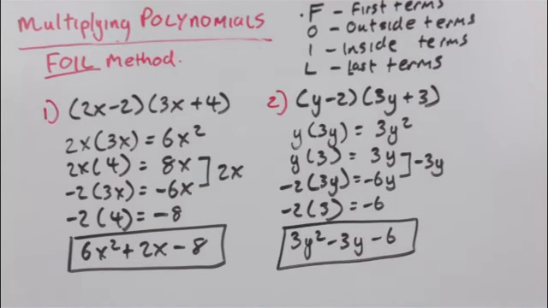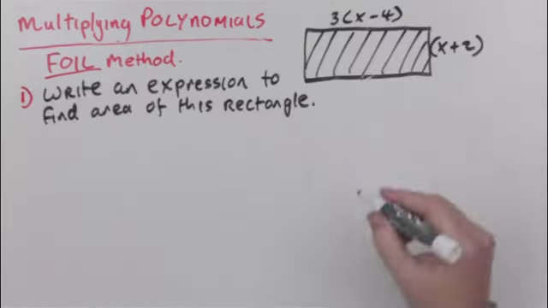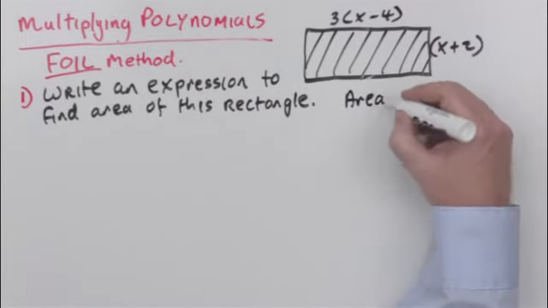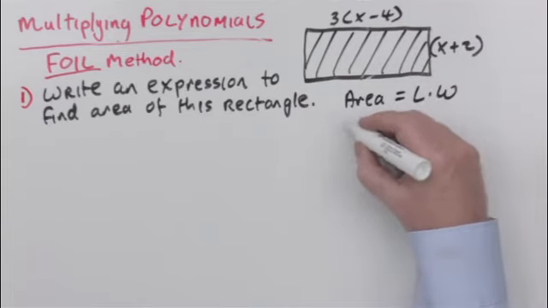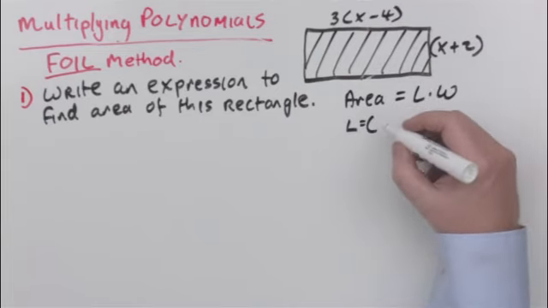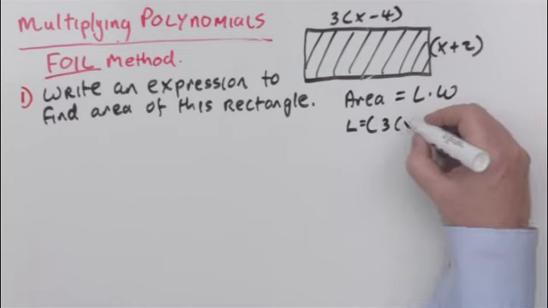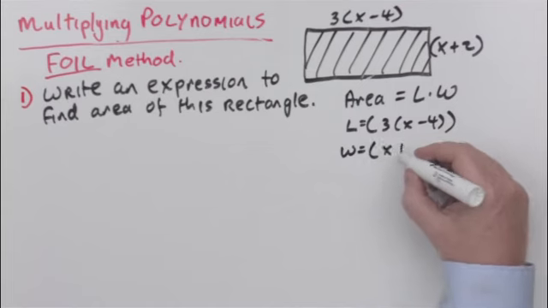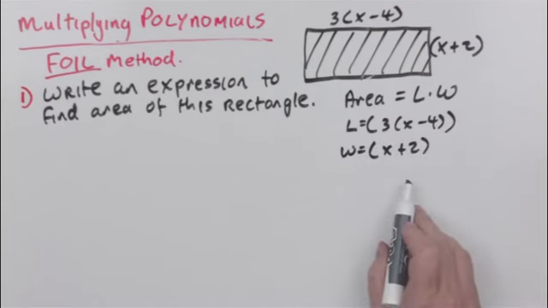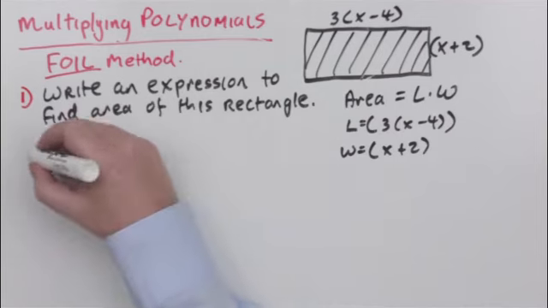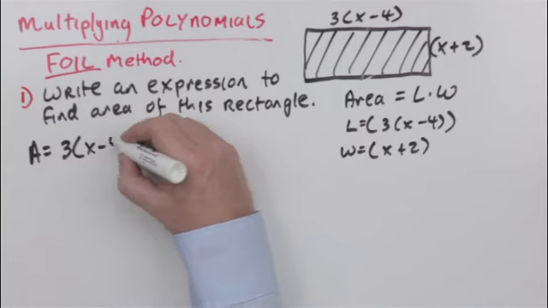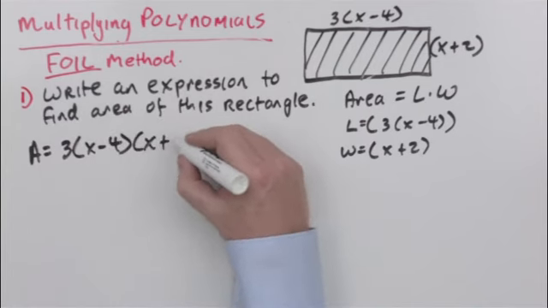Great. Now we're going to look at a word problem for area. When you're finding area, you have to multiply the length by the width. So let's look at this rectangle here. We're going to find the area. That's length times width. The length in this case is 3 times x minus 4, and the width is x plus 2. So we get the area by multiplying 3 times x minus 4 times x plus 2.